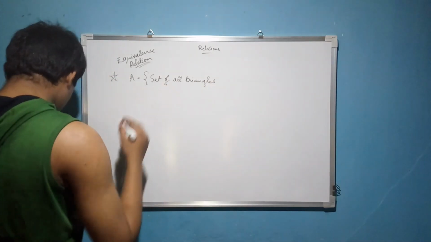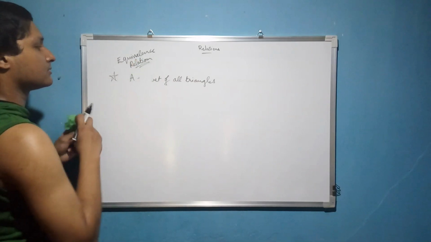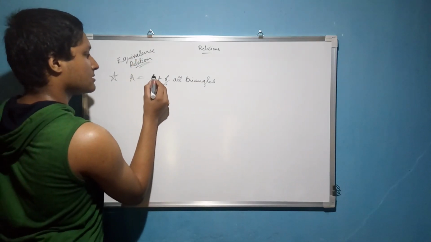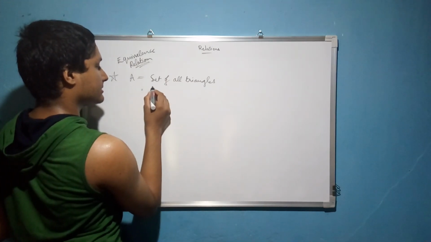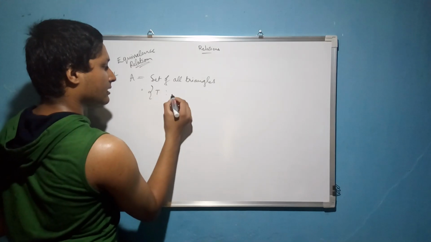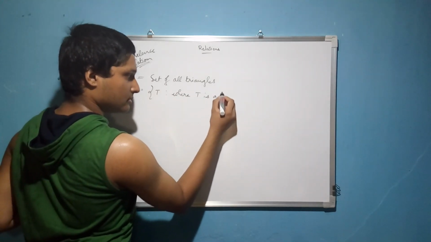If I write the word set, I need not put the bracket. Set of all triangles, or I can represent it as T where T is a triangle.